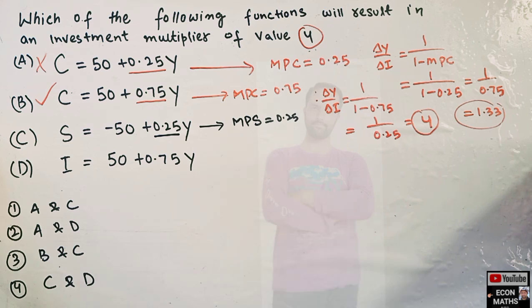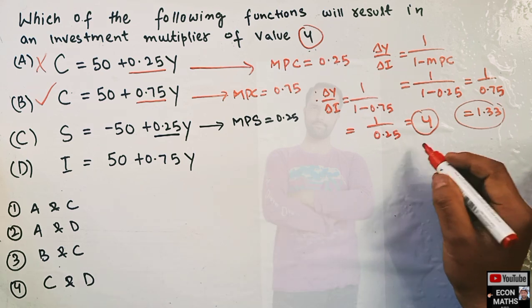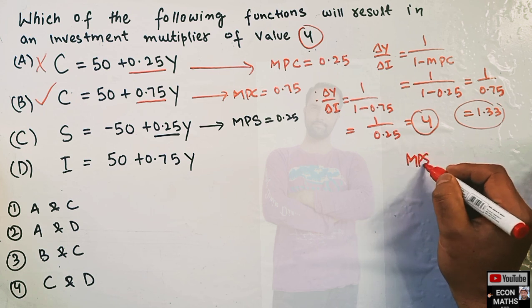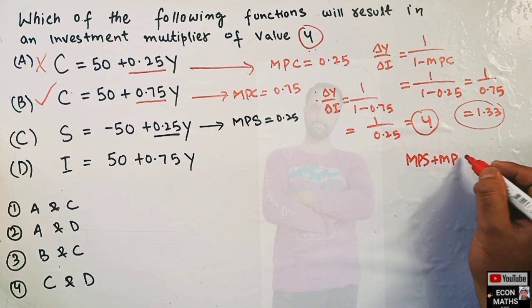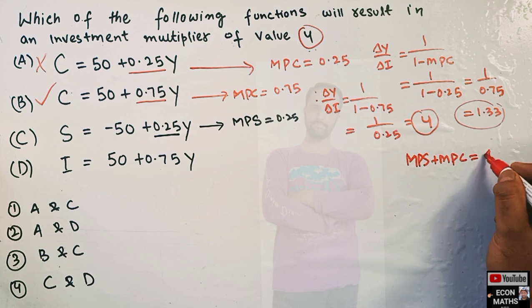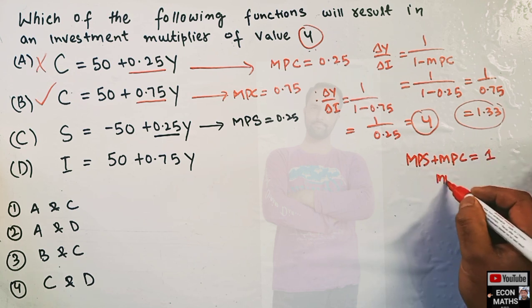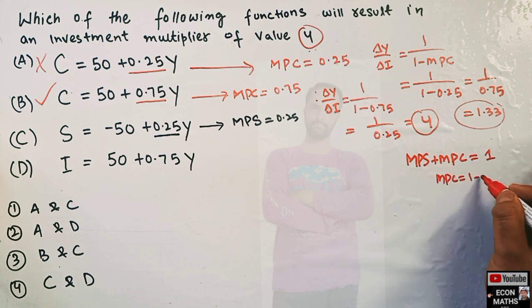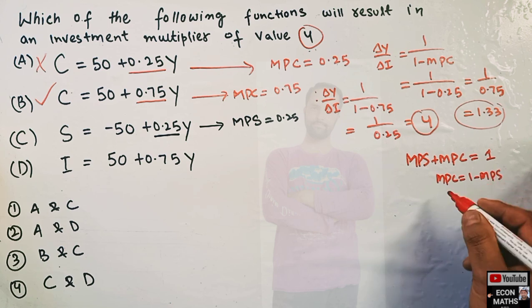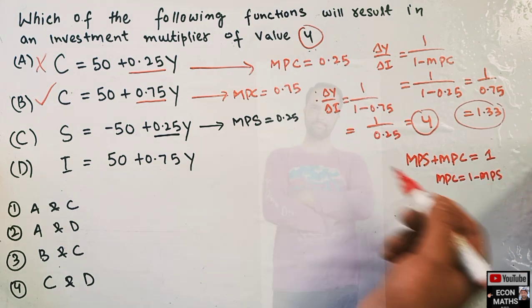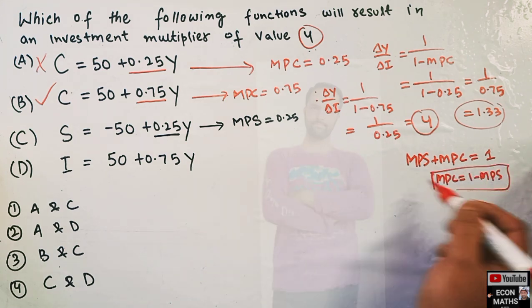So what is the relationship between MPS and MPC? MPS plus MPC, as you know, is equal to 1, so MPC will be equal to 1 minus MPS. That means we can calculate the MPC from MPS.